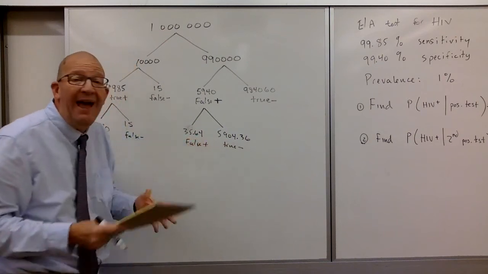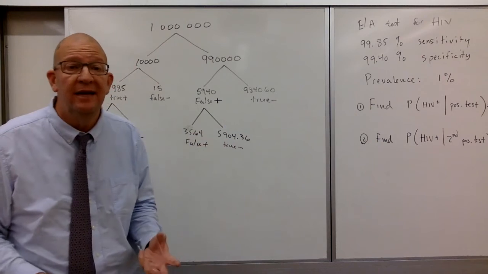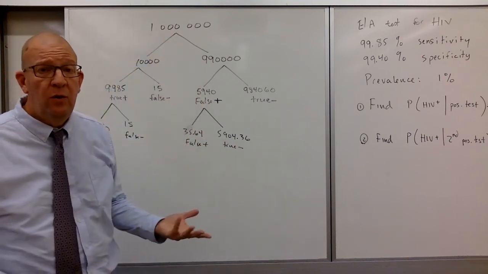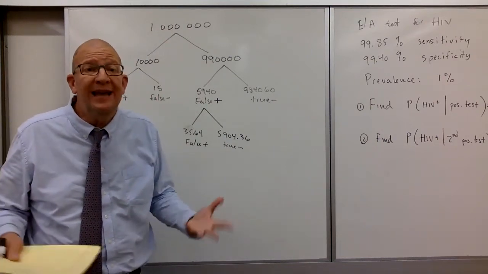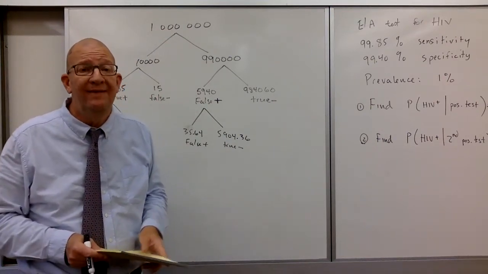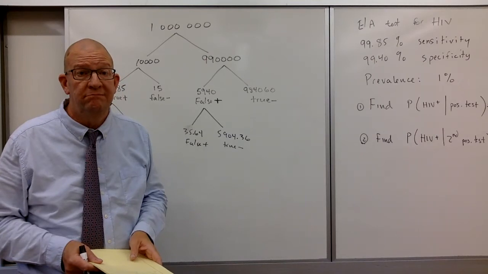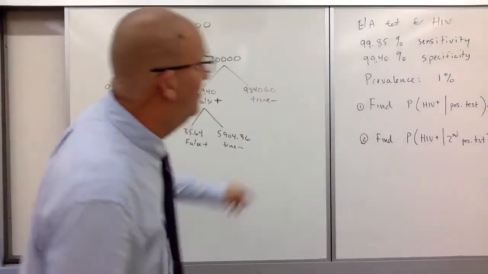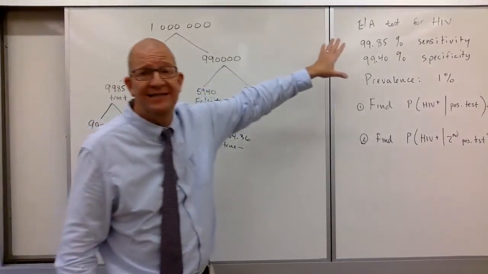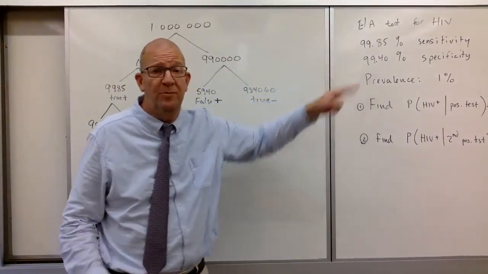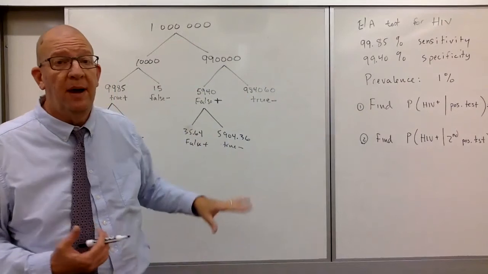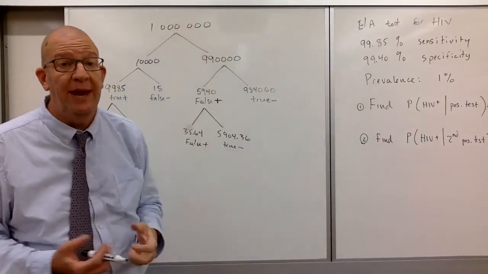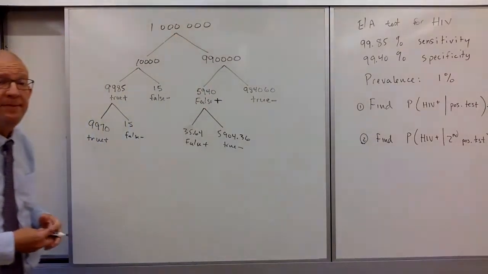So even after a second round of testing, out of that million people, there are 35 who still test positive even though they don't have it. Scary, isn't it? So just remember, 99.85% sounds really good, and 99.4% sounds really good, but when you're dealing with millions and tens of millions and hundreds of millions of people, man, it starts to add up.